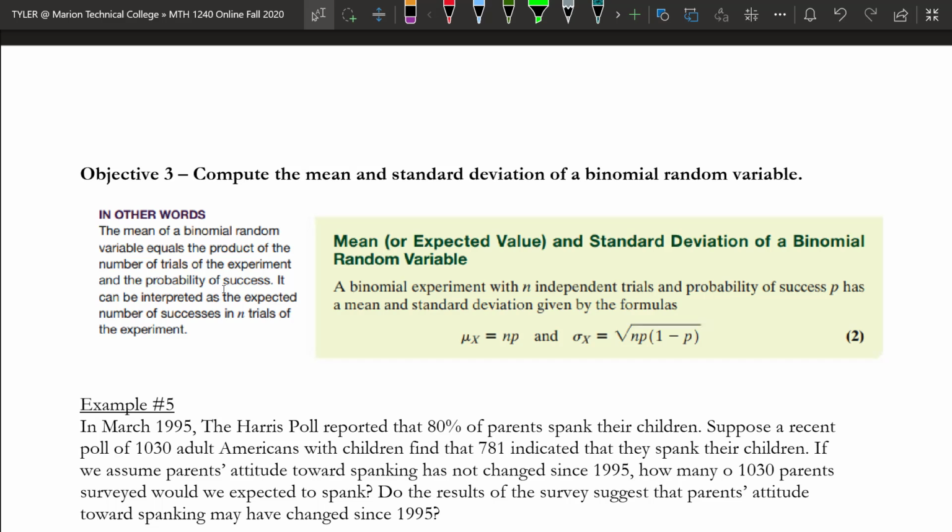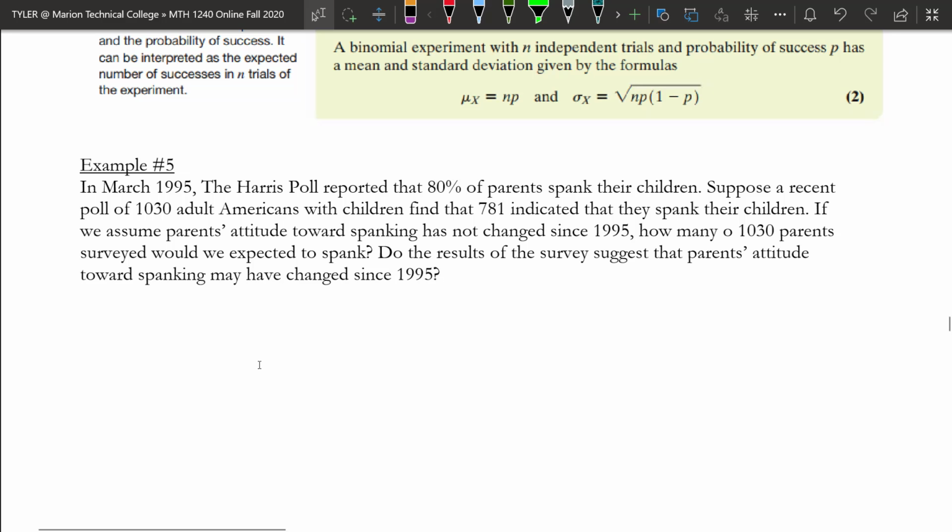So we have mu equals np, and the standard deviation is equal to the square root of n times p times 1 minus p. So we can find those values using those formulas. So let's practice this.